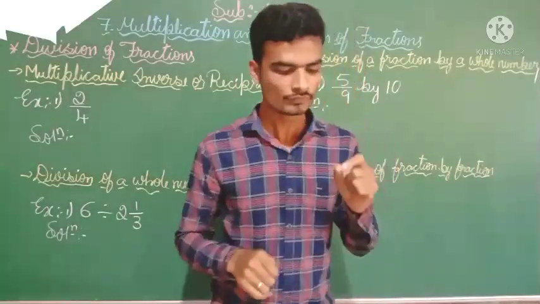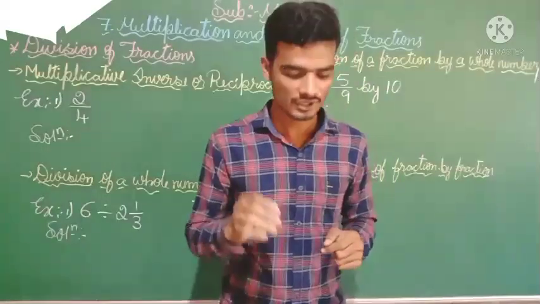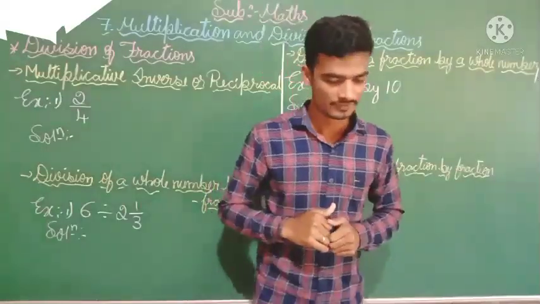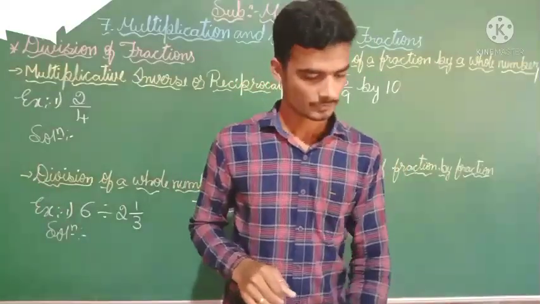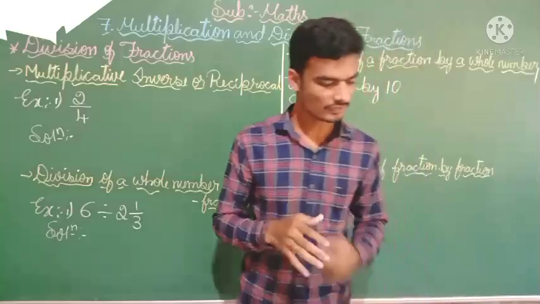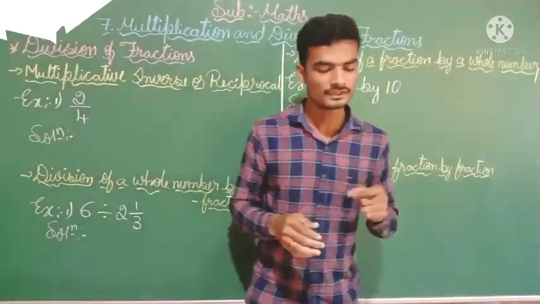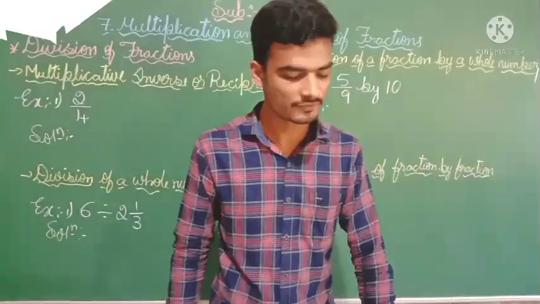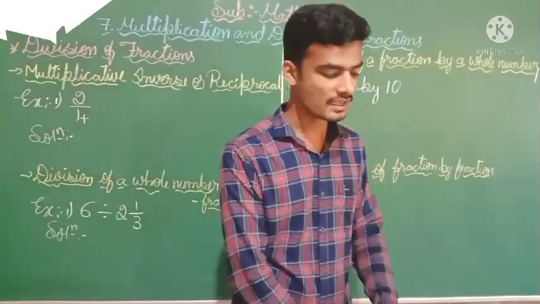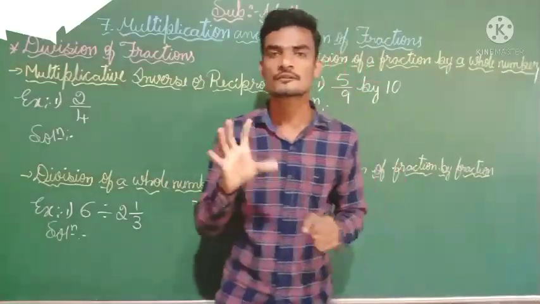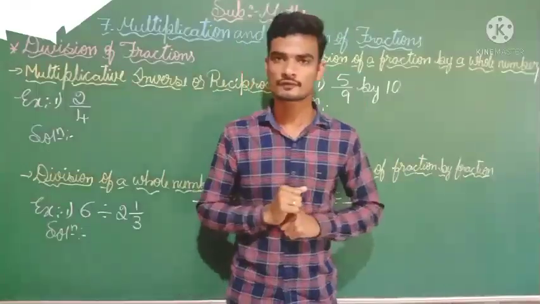Those are multiplication of a whole number with a fraction, then multiplication of a fraction by a fraction, then multiplication of a mixed fraction with a whole number. Then we have discussed multiplication of a mixed fraction with a fraction, then multiplication of a mixed fraction and use of. Then at last we have discussed multiplication properties of fractions. These are the topics we have discussed in our part one video.